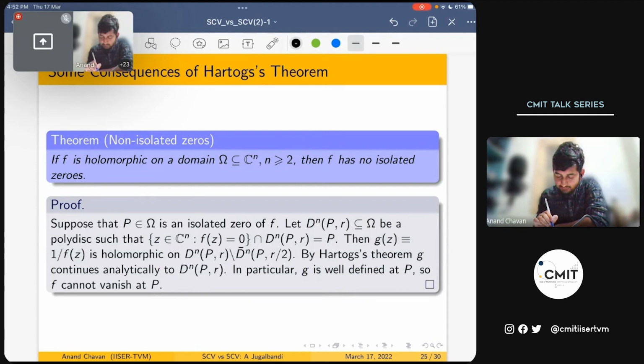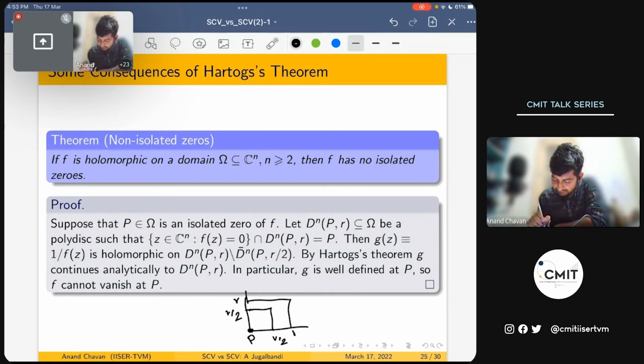Now observe that g(z) is holomorphic on D^n(p, r) minus D(p, r/2). Let me draw it here. This is of radius r, this is r/2, and the point p is here.